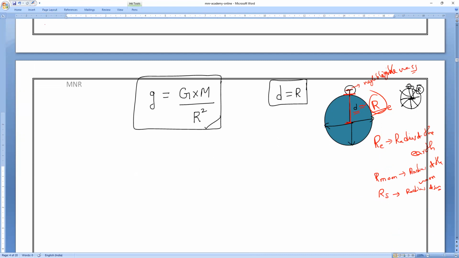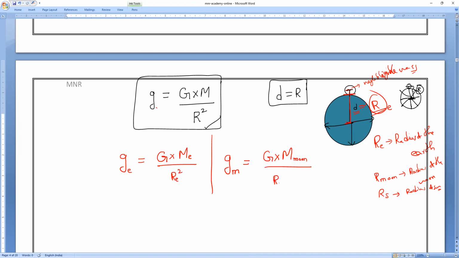Now, if I want to calculate the small g of Earth, this formula will be modified like this. Small g, acceleration due to gravity of Earth, is equal to capital G into mass of Earth divided by square of radius of Earth. If I want to calculate g of moon, it is equal to capital G into mass of moon divided by radius of moon square.